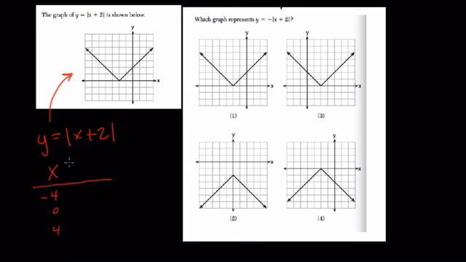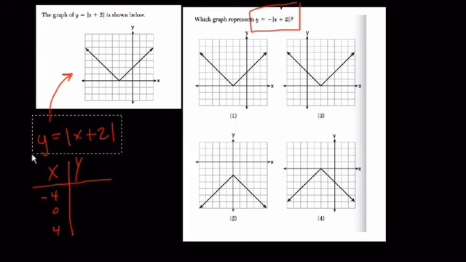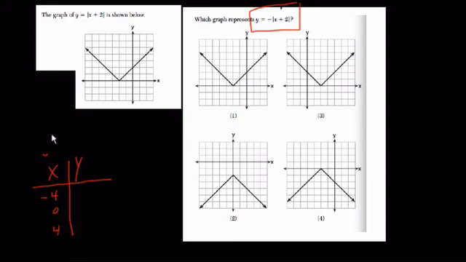Let's plug those values in. If we plug them into our equation, and now our equation is this here, so it's, let me fix this here. It's not y equals the absolute value of x plus 2, that's for this right here. We're looking at y equals -1 times the absolute value of x plus 2.